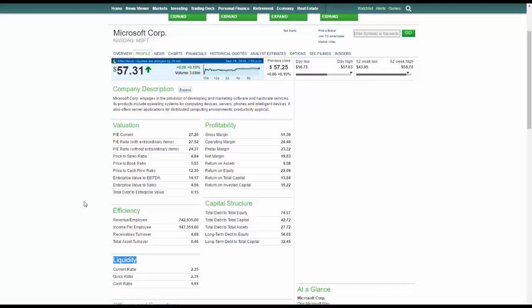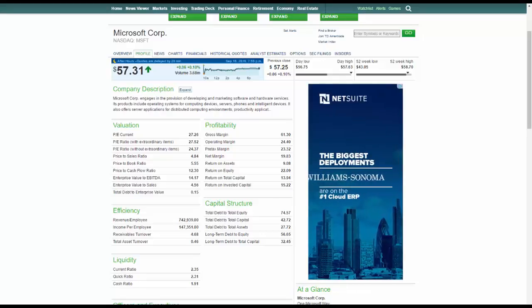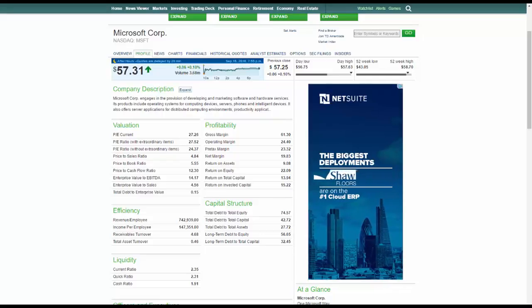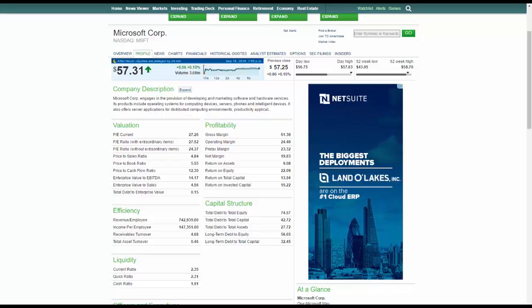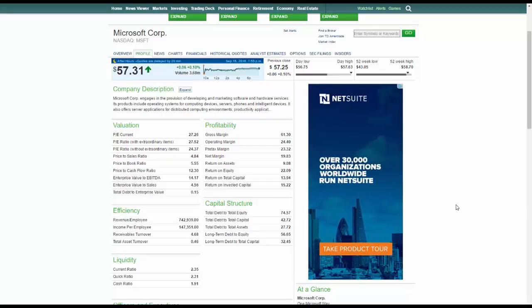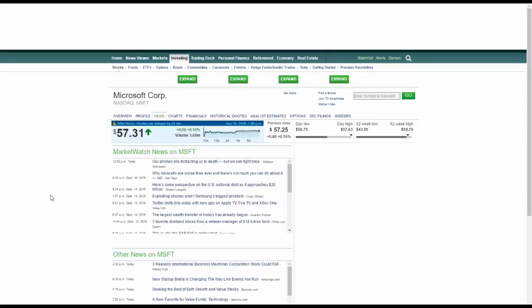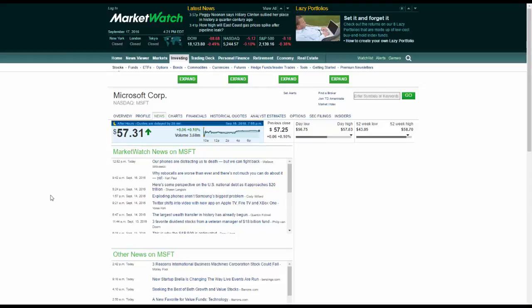So is it able to pay off its debts quickly? Or if it were to get into financial trouble, would it be able to cover its debts or not? That's just an example. Then we have news information. This is where you can go to find out and follow some of the news on a particular stock.